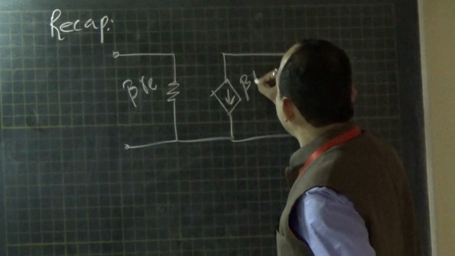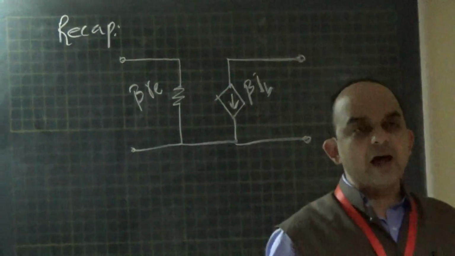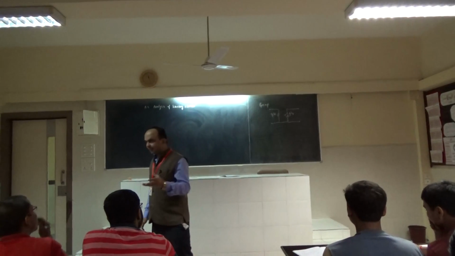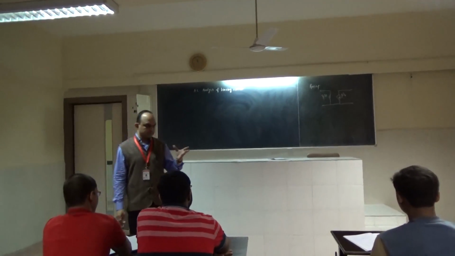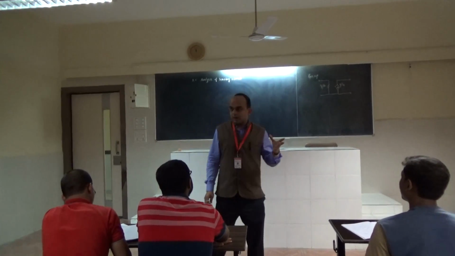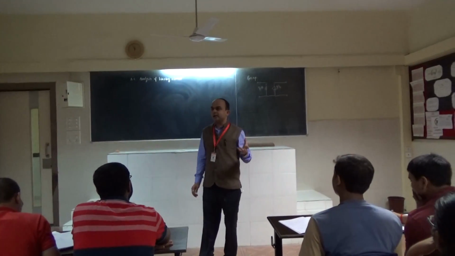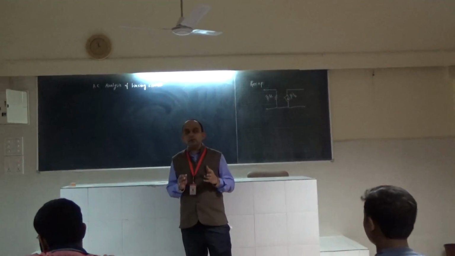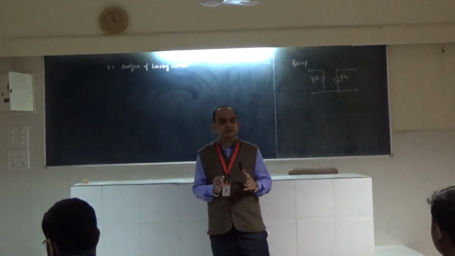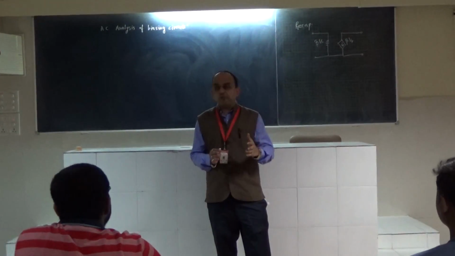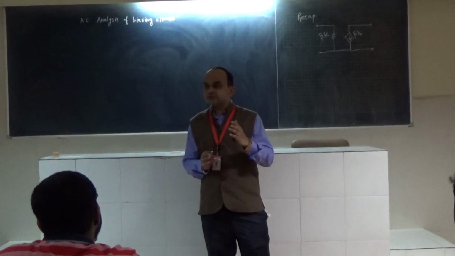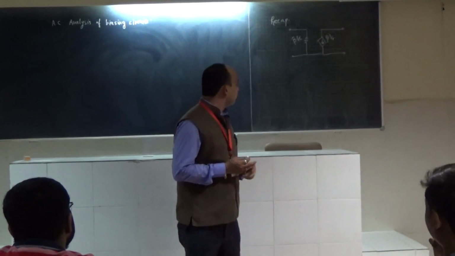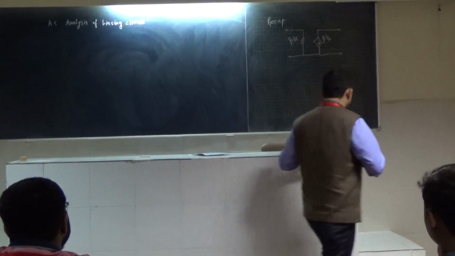The value of this is beta IB. The collector amplifies the current signal by a factor of beta. Beta is what? Current gain, the forward current gain of a BJT. And re was the forward dynamic resistance of the diode, the forward biased base to emitter junction. So this was the equivalent circuit we drew for the re model of CE configuration.